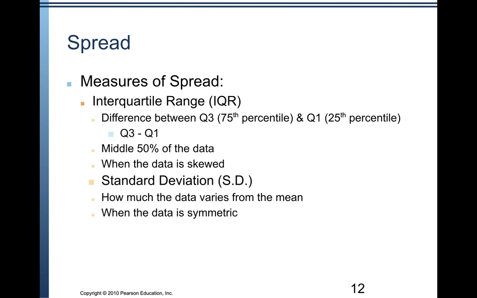Well, what's the difference between 75 and 25? 75 minus 25 is 50. So again, the interquartile range is the difference between the 75th percentile and the 25th percentile, or Q1, the first quarter.